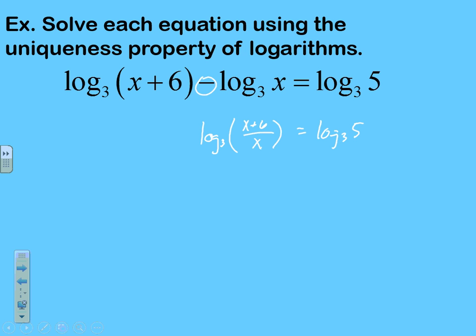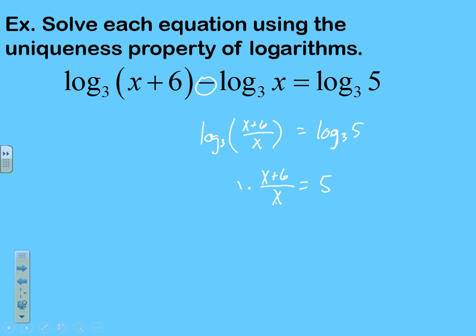Now, at this point, we have the logs condensed. We have a single log term on the left side and on the right side. So at this point, just like with an exponential equation, once we have a single base here and a single base here, and the bases are the same, we don't worry about them anymore, and we just write whatever is in the parentheses as something equals something else, as a simple equation, and we'll solve for x like normal.